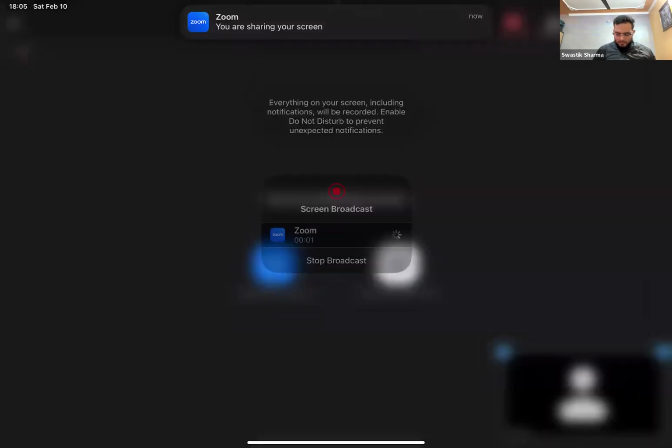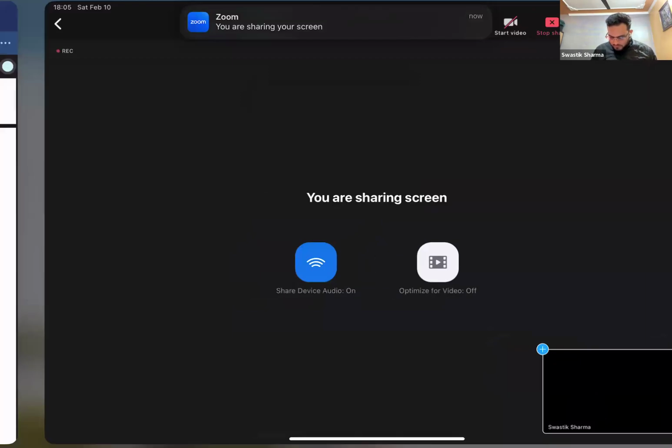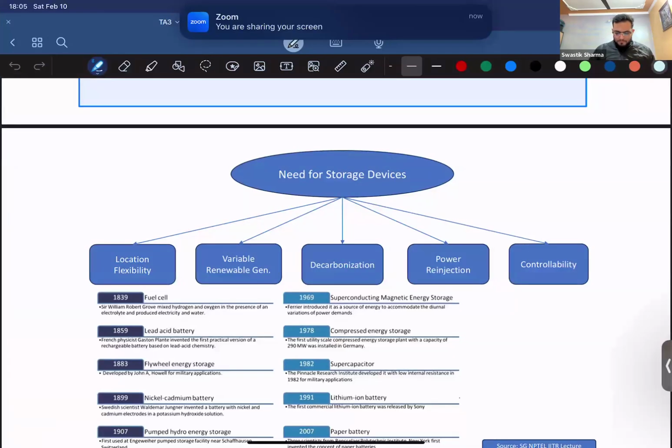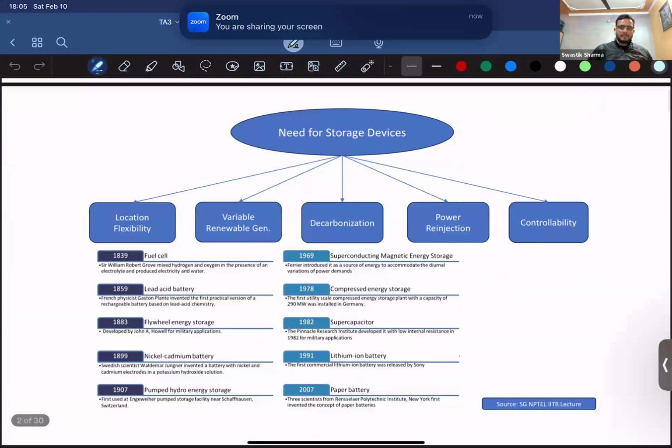So last week we were discussing various kinds of DERs that are available in smart grids.